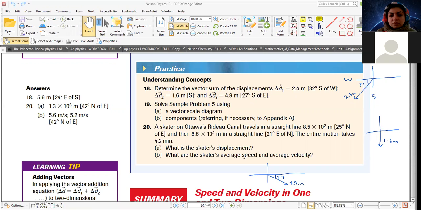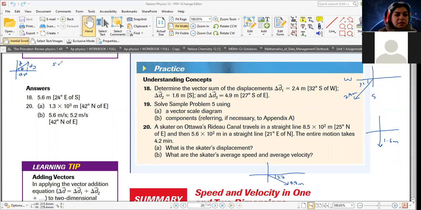Okay, just a little note for you. If you have this vector, let's say this is your d, I want to find the dy. And here is dx, right? This d has a y component and an x component. And this is theta.